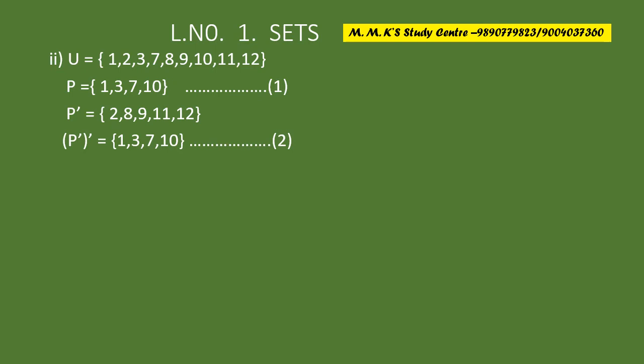Yes, both are having the same elements, 1, 3, 7, 10. So from 1 and 2 you can write P is equal to complement of P complement. Okay. Getting clear, children? Yes. So hence it is verified.